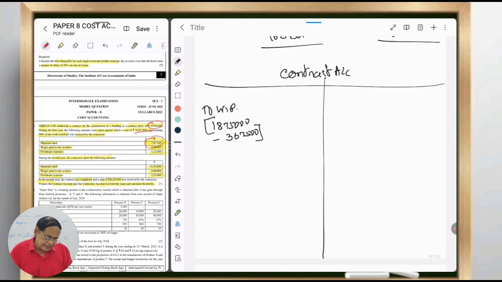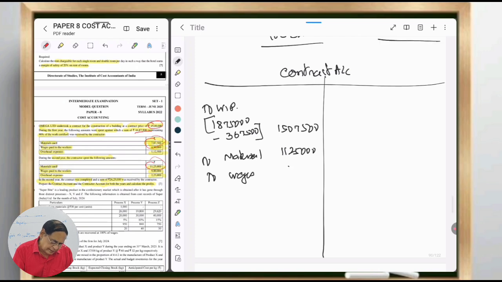So if we deduct 18,75,000 minus 3,67,500, that is 15,07,500. And then to materials during the next year, how much materials? That is 11,25,000. And then to wages paid, 9 lakhs. And then next to overheads, that is 2,25,000.